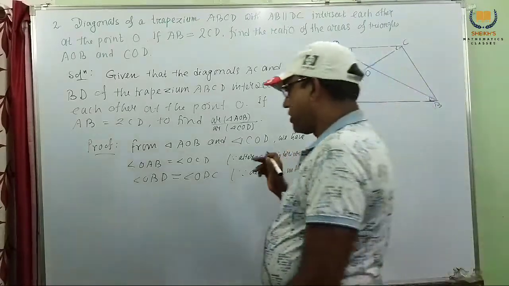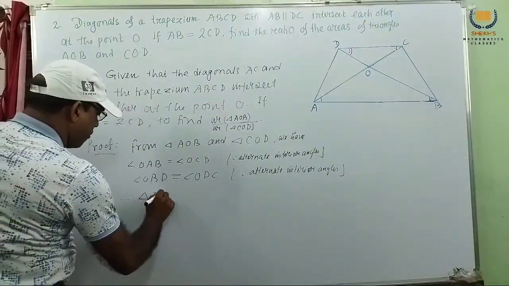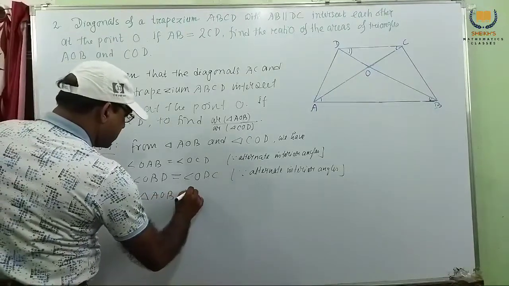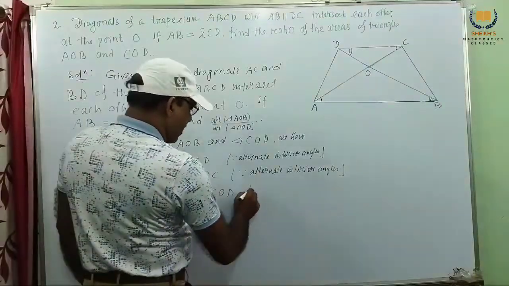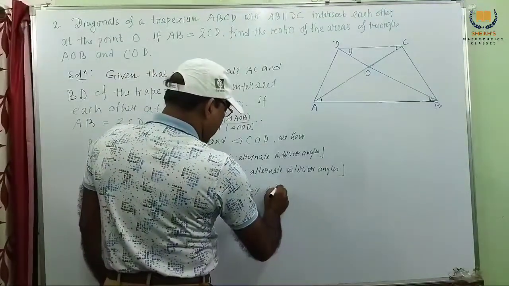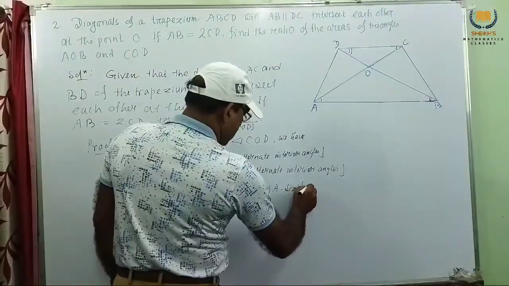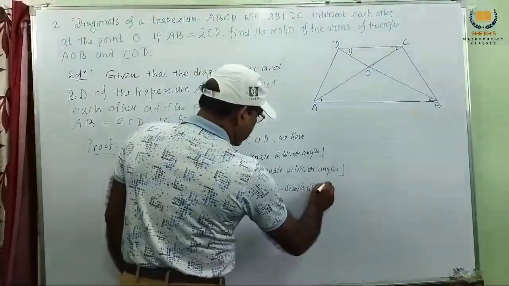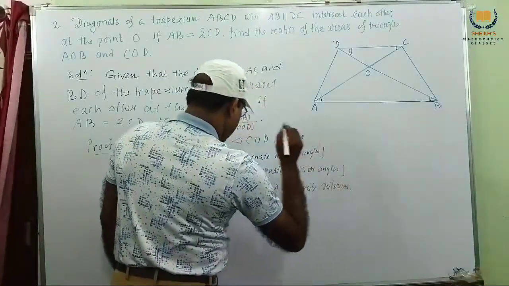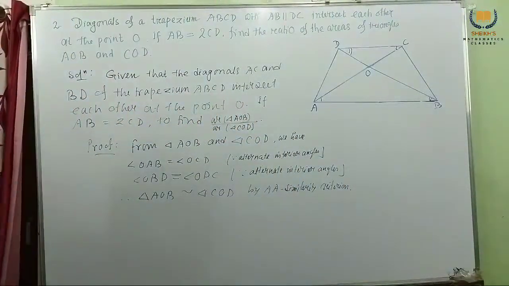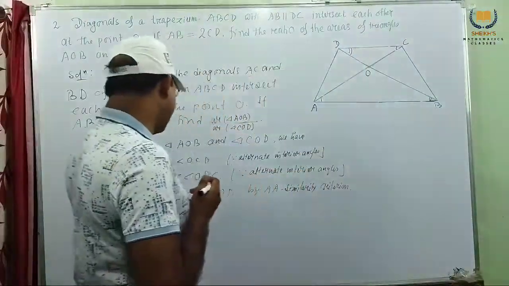Therefore triangle AOB similar to triangle COD by AA similarity criterion. If these two triangles are similar, then we can write.